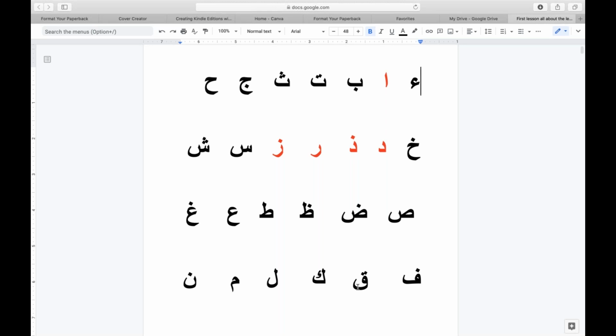Here you have qaf. Again, qaf is created in the very top of your throat. With qaf, you will feel the very back of your tongue getting wider, going very slowly and touching the top of your throat, then coming down.